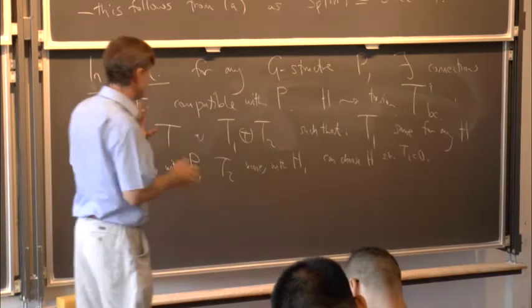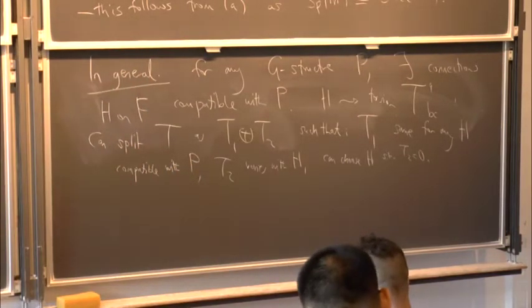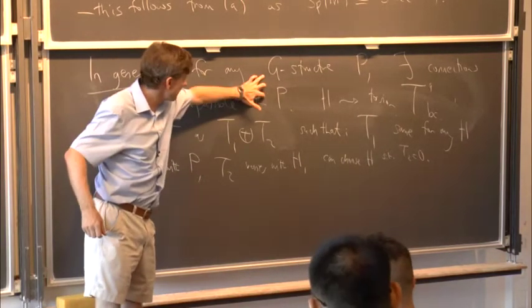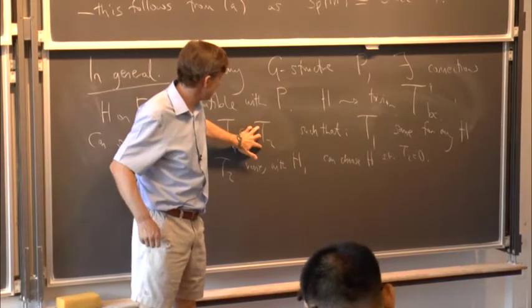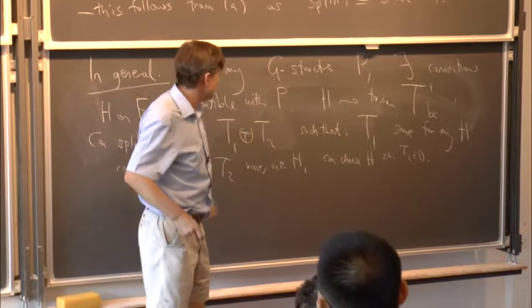Okay, so the torsion falls into two bits, one of which depends upon P, the other of which doesn't, and there's enough freedom to actually make the second component 0.